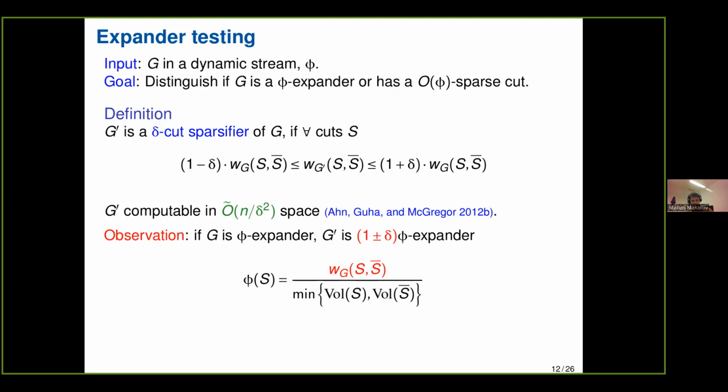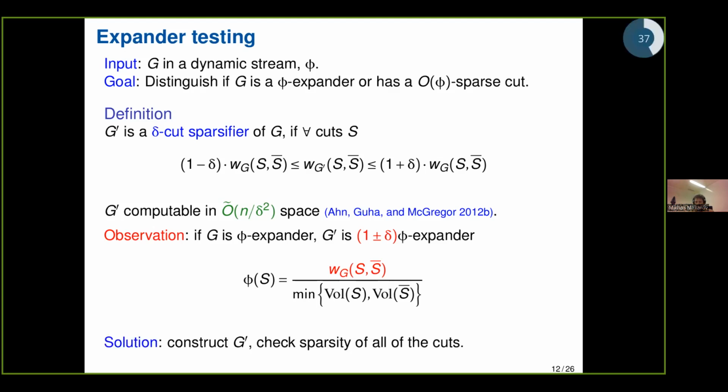And one can also notice that if G is a phi expander, G prime would be a 1 plus minus delta phi expander, because the sparsity of a cut depends only on the size of the cut, which is plus minus delta preserved in the cut sparsifier, as well as the volumes of the cut sizes, which can be shown are also 1 plus minus delta preserved. So this leads to this simple solution. We just construct a delta cut sparsifier and check if it's a phi expander or not.